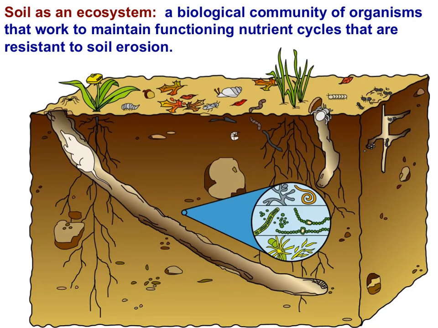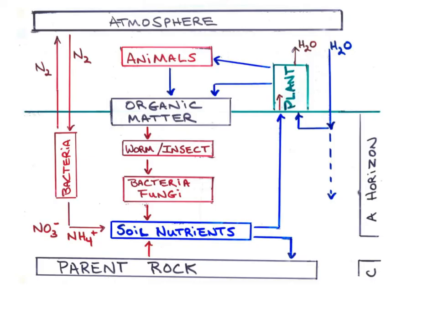This is a community of organisms that work to maintain functioning nutrient cycles that are resistant to soil erosion. While soil is an ecosystem unto itself, soil is the foundation of the terrestrial ecosystem. This is a good diagram to study.